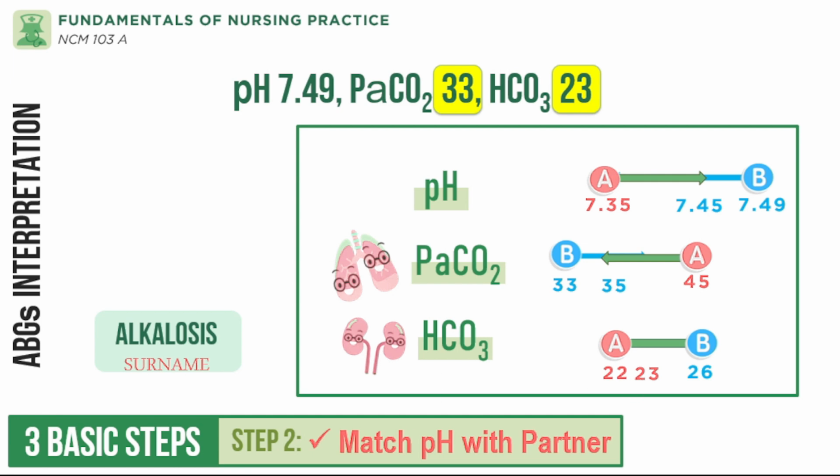Now, we have a match: B and another B, and of course, our bicarbonate is placed at the normal side.